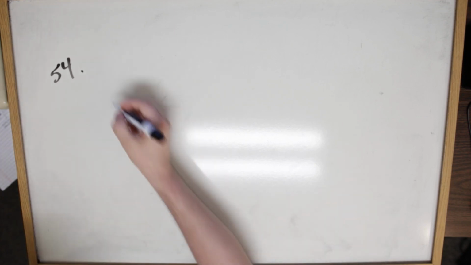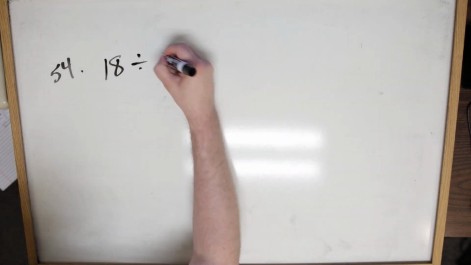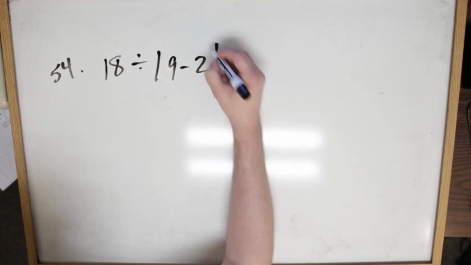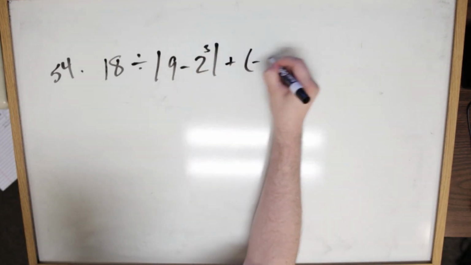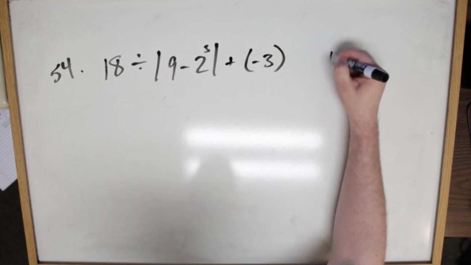So the problem is 18 divided by the absolute value of 9 minus 2 cubed, plus a negative 3. So here we have our PEMDAS.